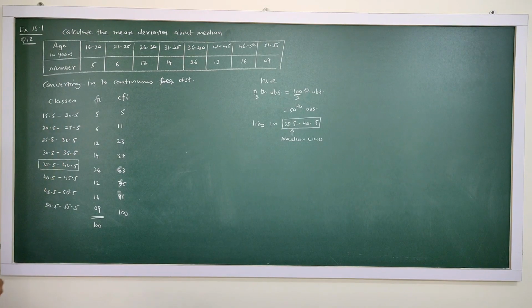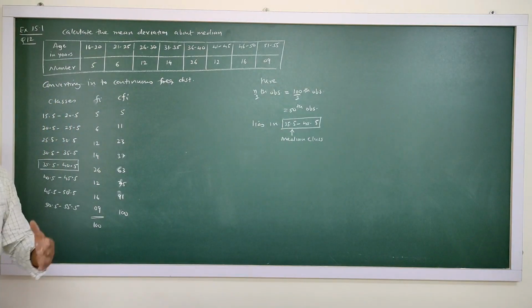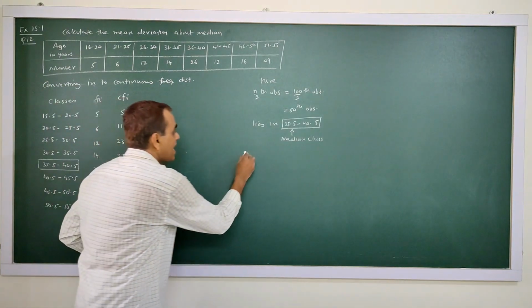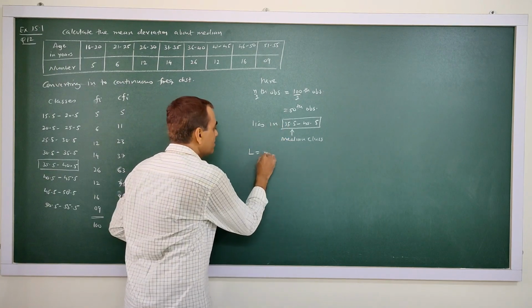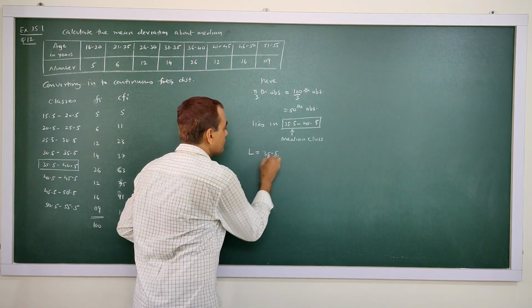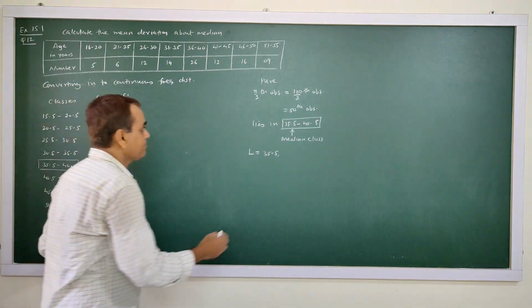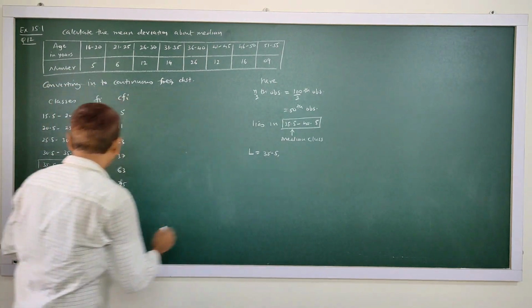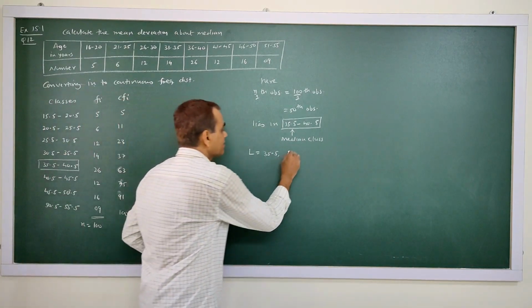From the median class, we take values to substitute in the formula to find the median. L will be the lower limit of the median class, 35.5. N is 100; this is sigma fi.